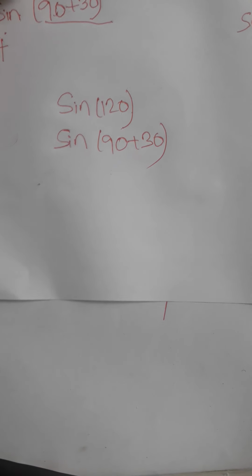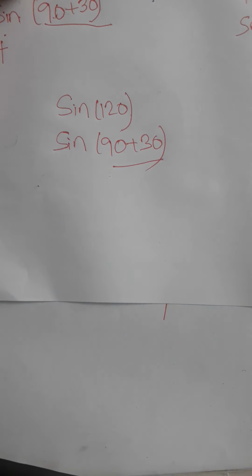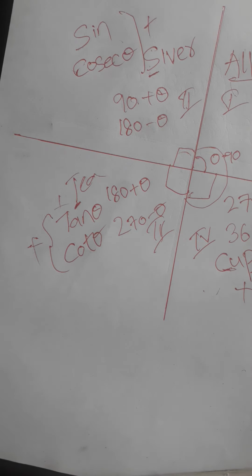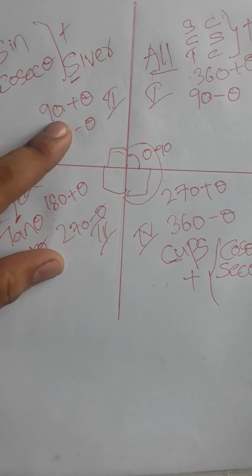Again I am writing the same example. Sine of 120. Sine of 120 we can write as sine of 90 plus 30, right? So what is the value? First of all, 90 plus theta, it is in which quadrant? 90 plus theta is in the second quadrant.